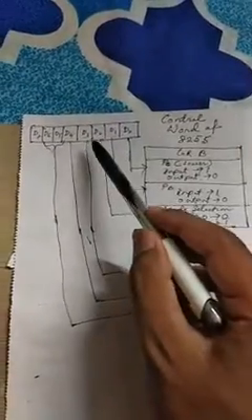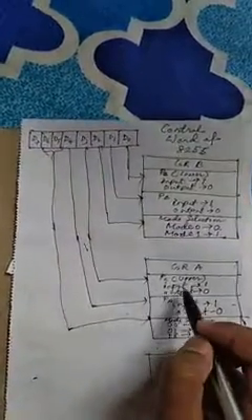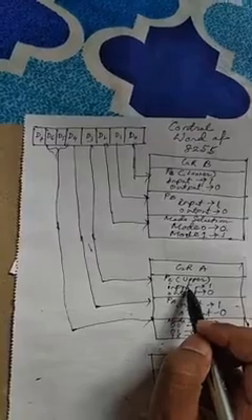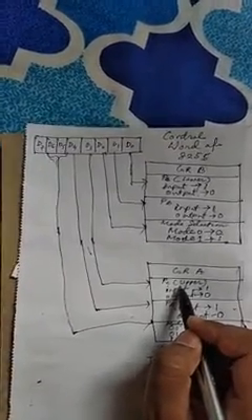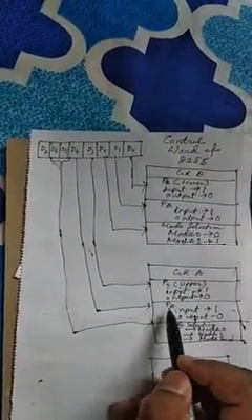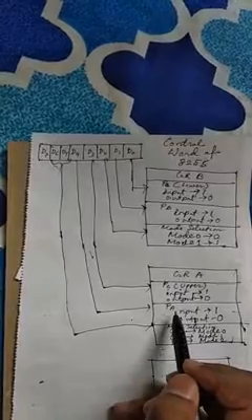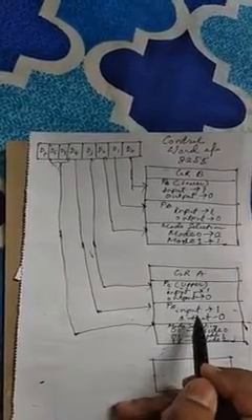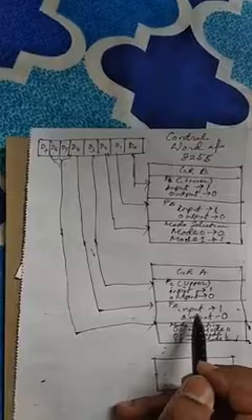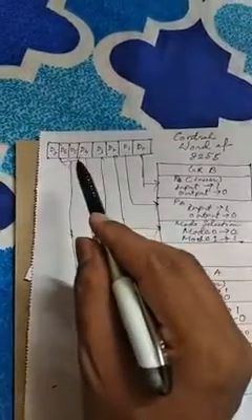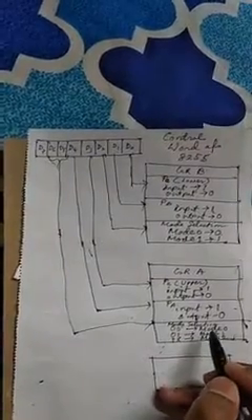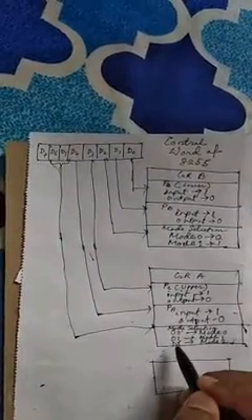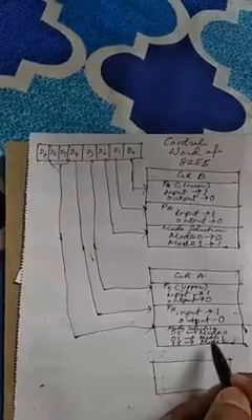So D3 bit will select the input or output of port C upper. D4 bit will give us the input or output of port A, and D6 and D5 will select the mode of port A. If it is 0, 0, then mode 0. If it is 0, 1, then mode 1. If it is 1 don't care, then mode 2.